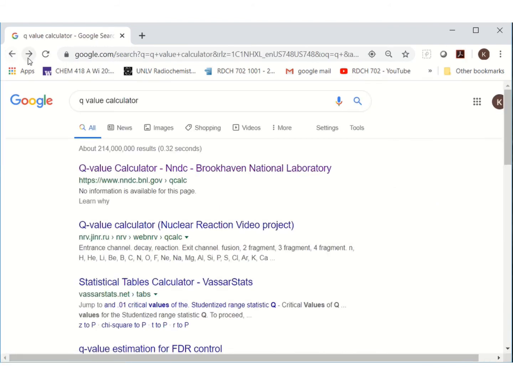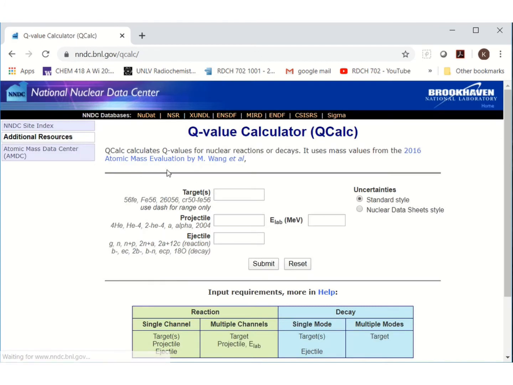Okay, so we can go back, and the one thing about the Brookhaven calculator is that if I went to bismuth-212, and let's say I just wanted to add an ejectile, so a decay, over here I can list all these types of decays. These are shown here.